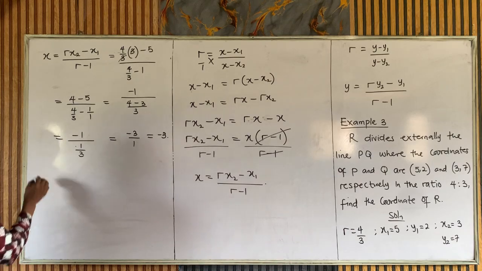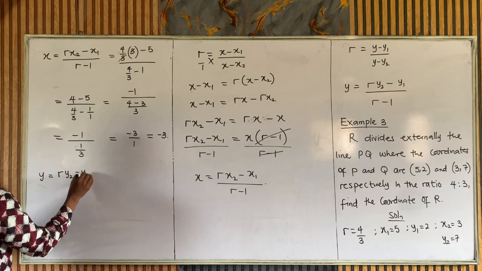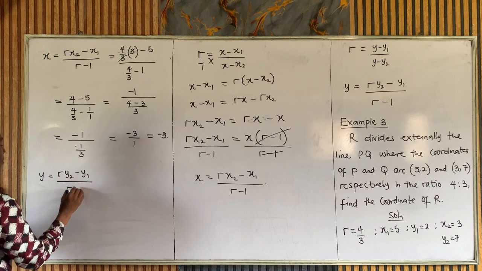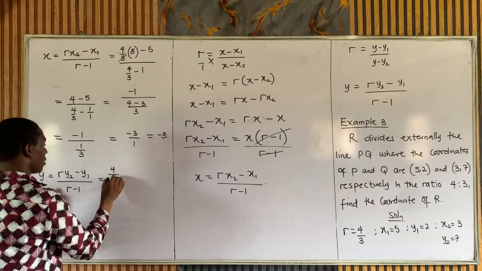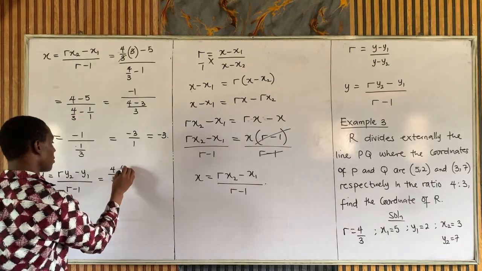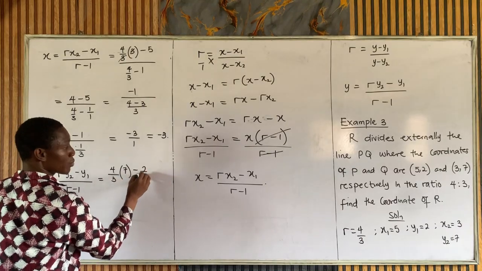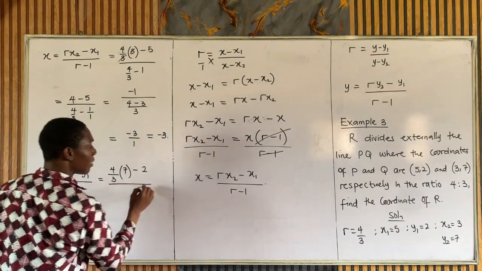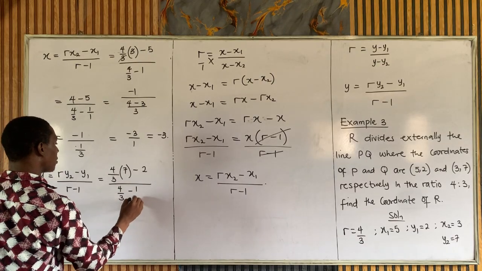So let's get the y. The y will simply be Ry2 minus y1 over R minus 1. Again, the r is 4/3. This time around, our y2 is 7 minus y1, that's 2, all over our r, 4/3 minus 1.